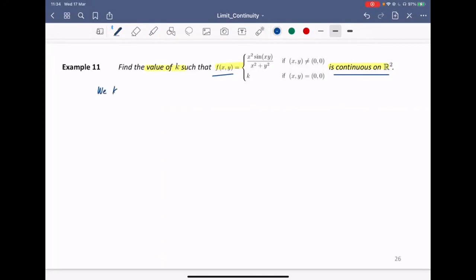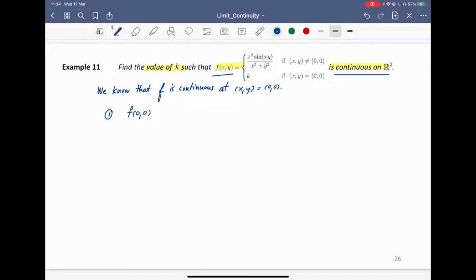So we're going to use that to help us find k. Note that we know f is continuous at (x, y) equal to (0, 0). We know that because f is continuous everywhere; the question says everywhere in R squared. Because f is continuous at (0, 0), f(0, 0) exists, right?